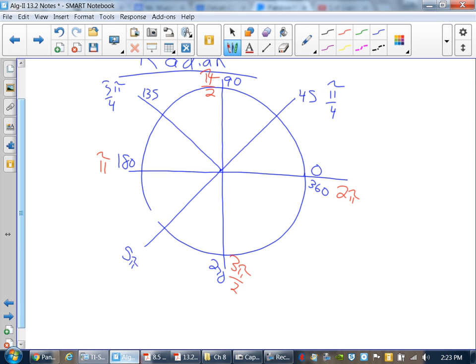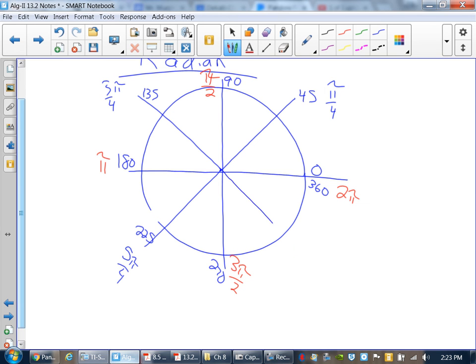5/4 would be 45 degrees past 180. 6/4 simplifies to be 3 halves, so you're back at 270. So 1/4, 2/4, 3/4, 4/4, 5/4, 6/4.